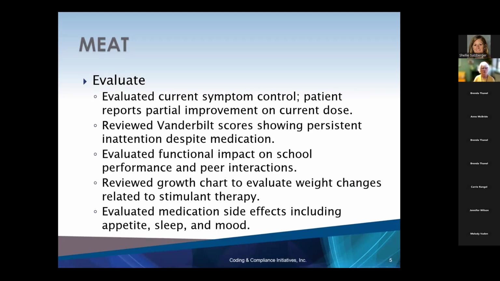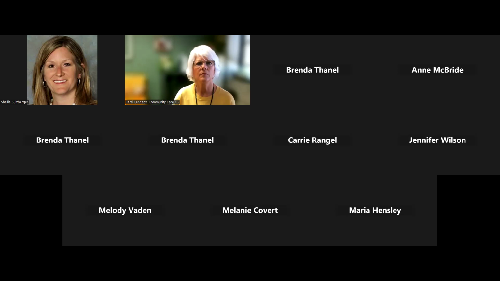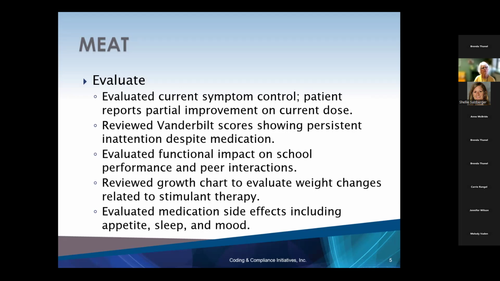Evaluation. So evaluation is showing where the provider is interpreting the data. Again, it could come from those Vanderbilt scores, for example, reviewing any kind of results, if there were lab results, and then assessing how the patient is responding to the treatment.